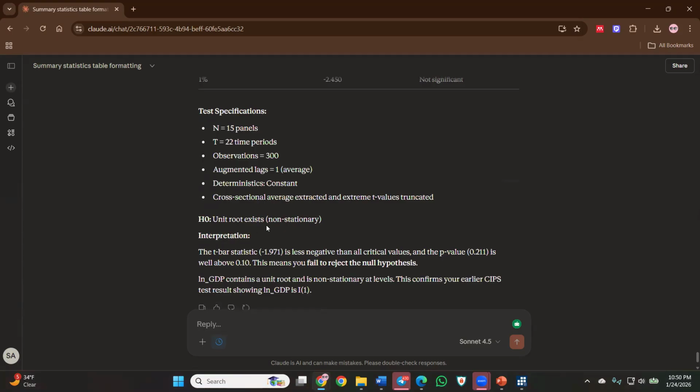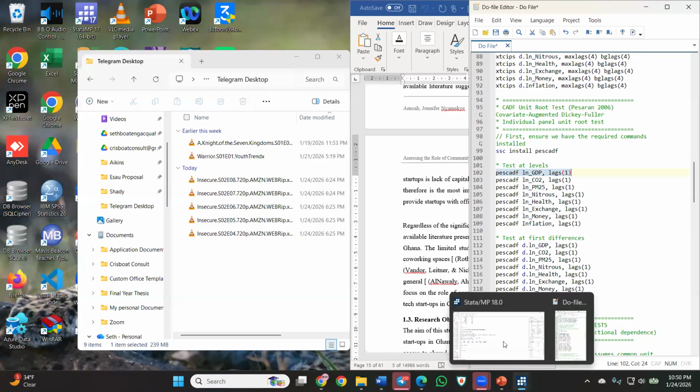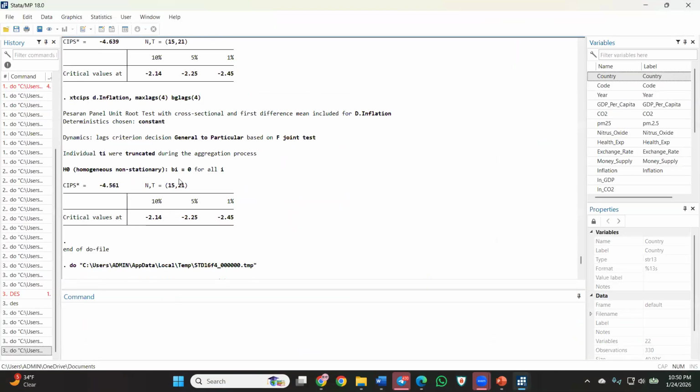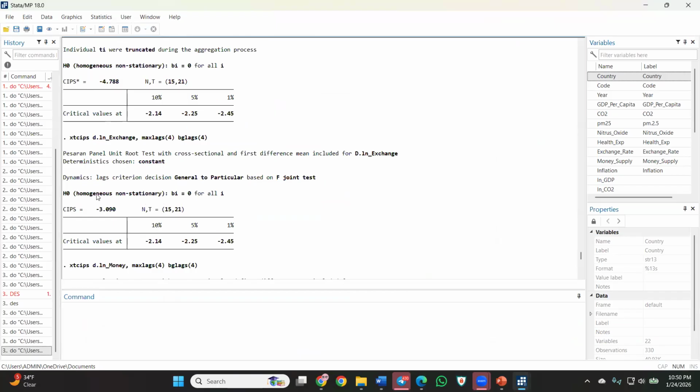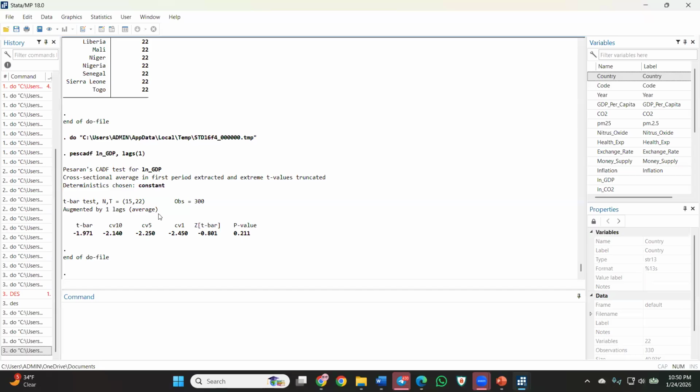And the null hypothesis states that it is non-stationary. That's the null hypothesis. So it follows the same process as the SIPs, which is the non-stationary hypothesis. Okay, so this one is easy.